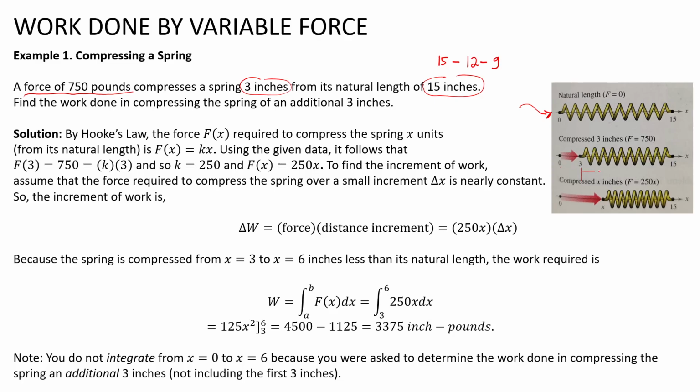So from 3 to 15, the distance is now 12. Then further compressing it by another 3 inches, the remaining length here is 6. So the compression here is 3, and the total compression on the last portion is now 6.